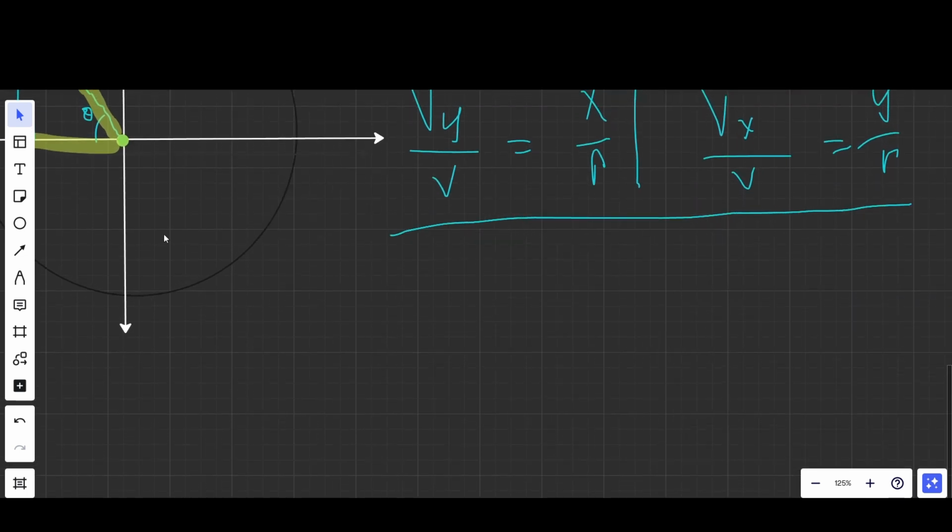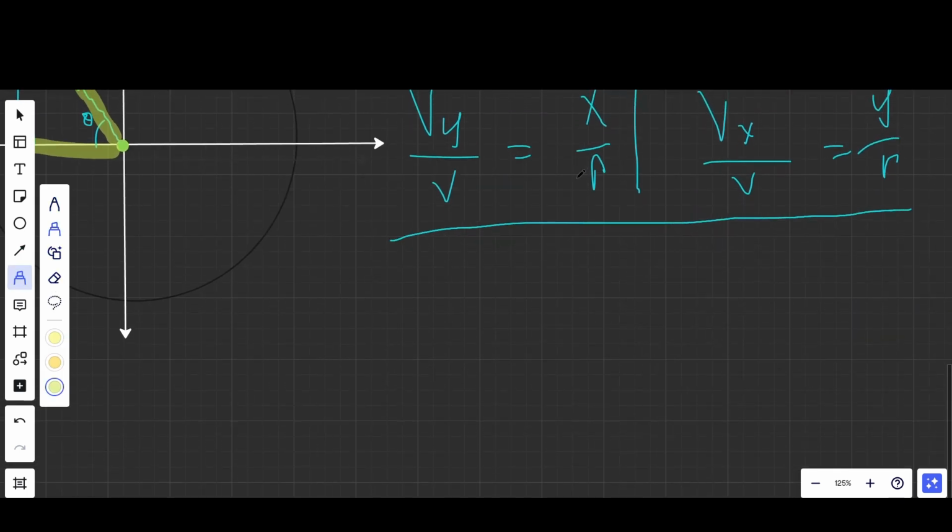Now what we really want to think about is this part, this Vy and this Vx. We're going to make these the subjects. This is basically the j hat direction, and this is basically the i hat direction, because that's x, and this is y, so j.